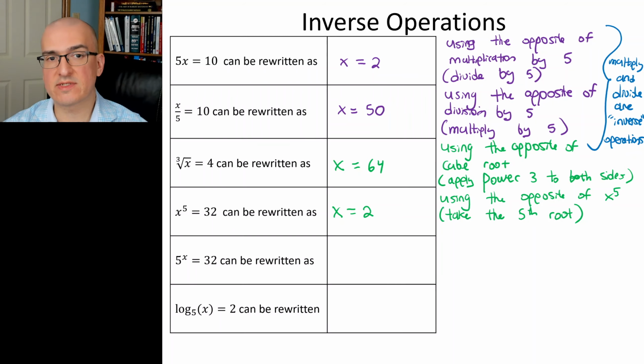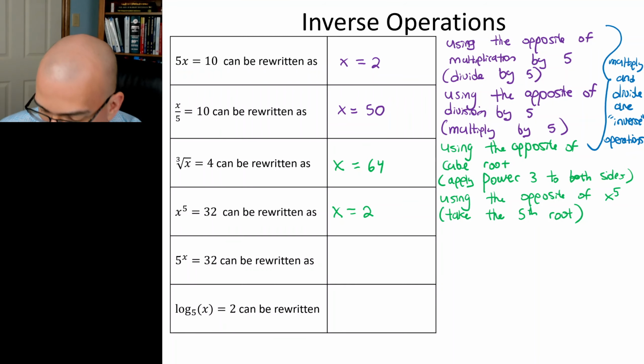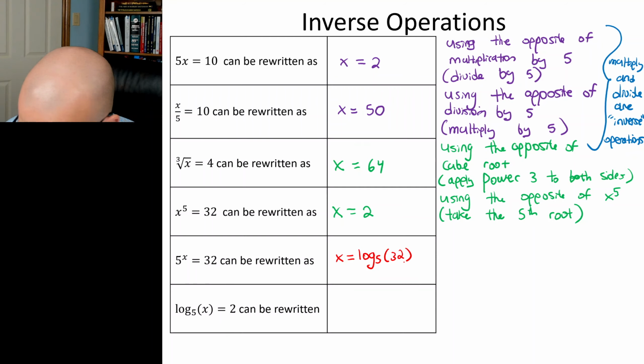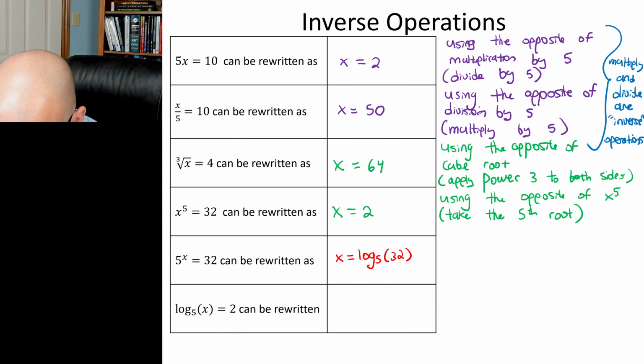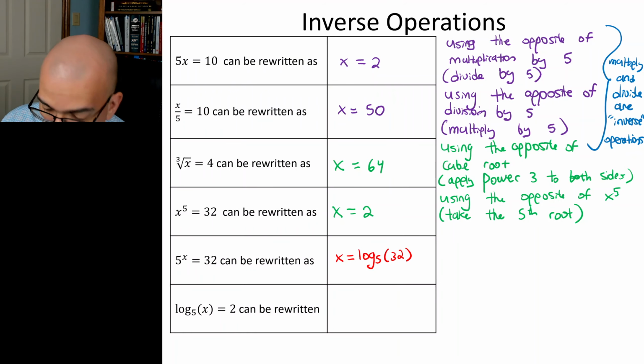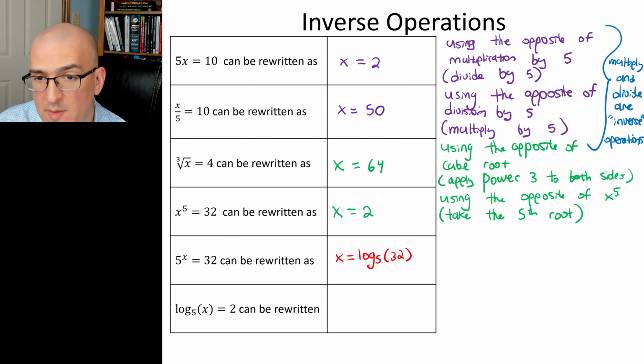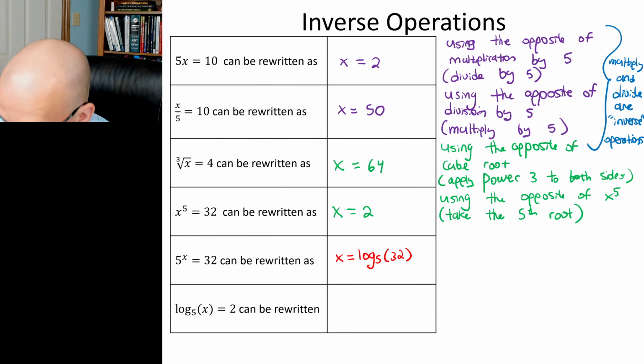And the operation that does this is the log operation. I'm going to get x equals log base 5 of 32, which doesn't simplify. There's no nice number that comes out, just log base 5 of 32.